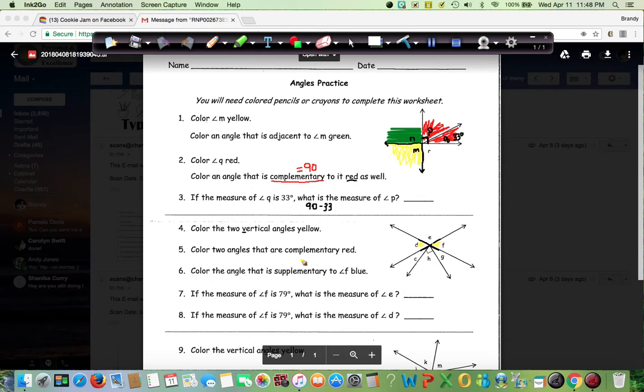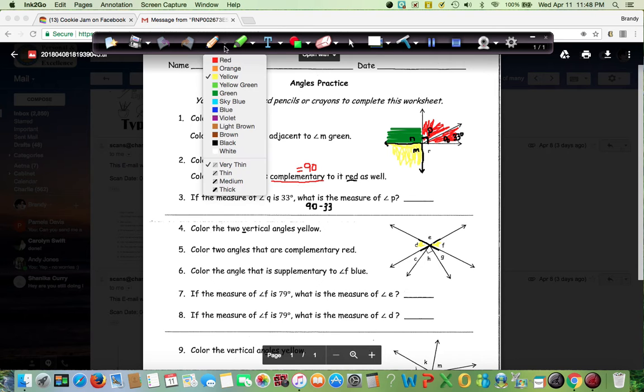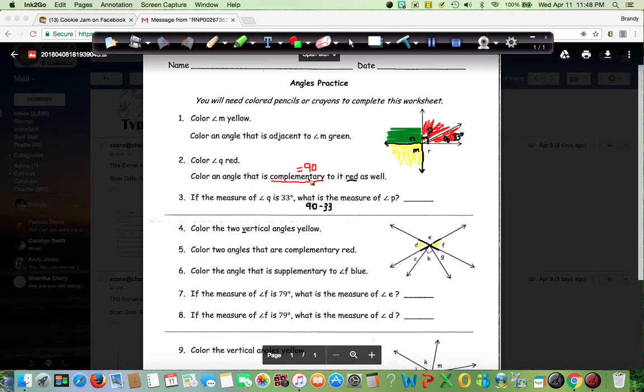Number 5 says two angles that are complementary, red. Now we remember from number 2 up there that complementary means 90 degrees. So again, it helps if you just write equals 90 every time you see the word complementary, because it'll get stuck in your head. And that way for the test you'll know what they're talking about.